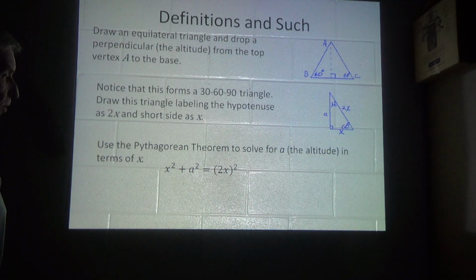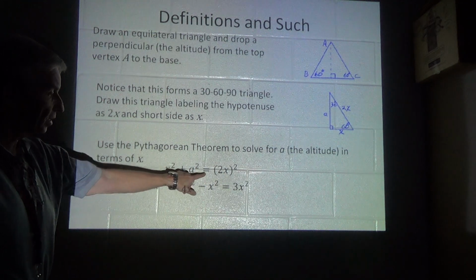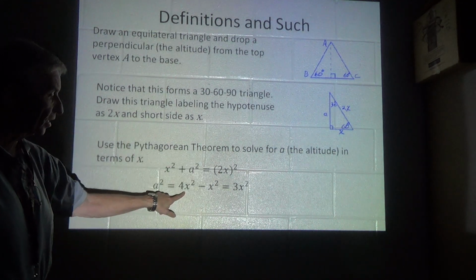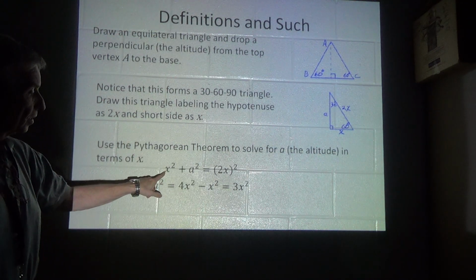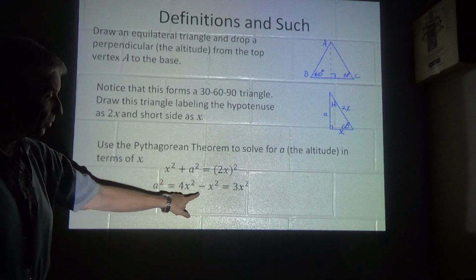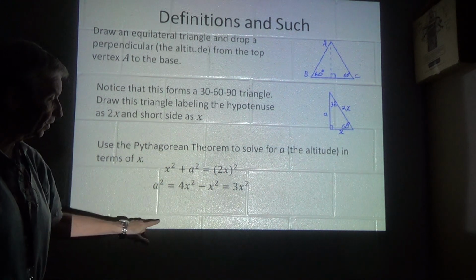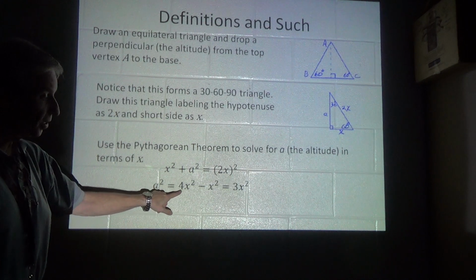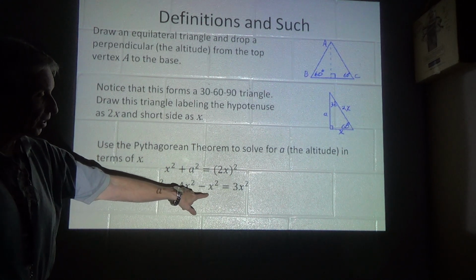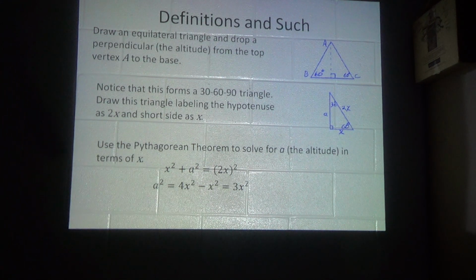So the next thing we're going to do is simplify this to some degree. We take the 2x squared and square it, which gives us 4x squared. We subtract the x squared from both sides, so we have a squared is equal to 4x squared minus x squared, which nets out to 3x squared.